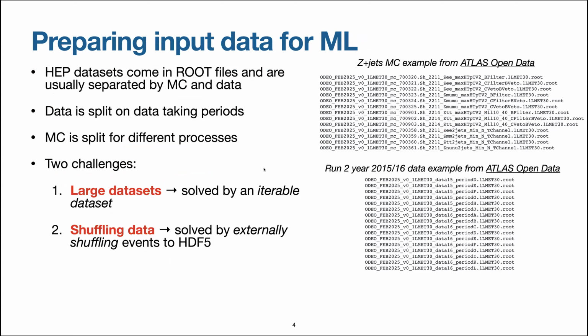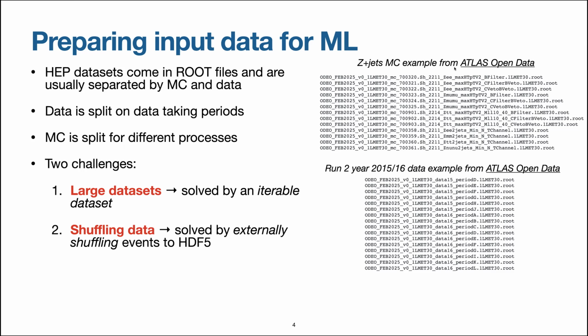Okay, so to give a bit of context for people that are not doing analysis, how it looks like. HEP data sets come in root files and are usually separated by MC and data. Then data is split on data taking periods, and MC is split for different processes. There's a couple of examples from ATLAS Open Data for the root files.